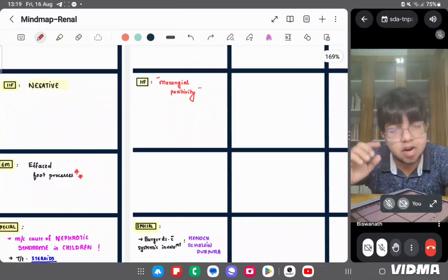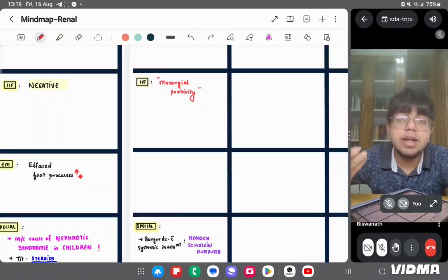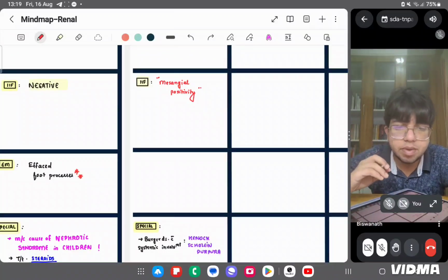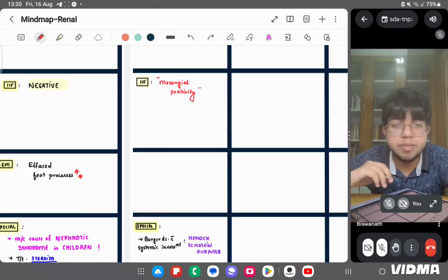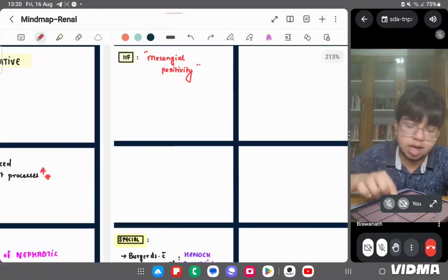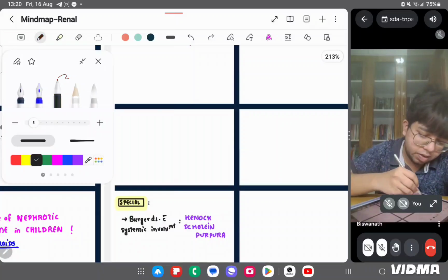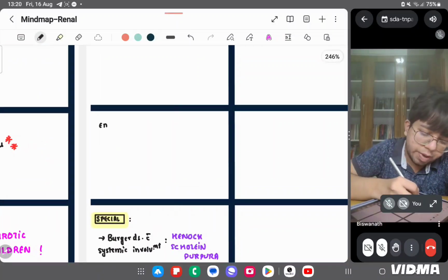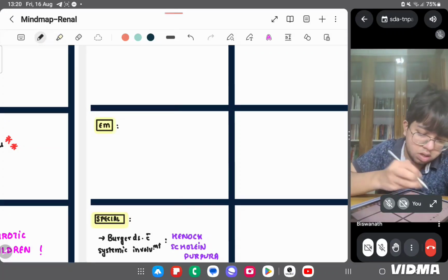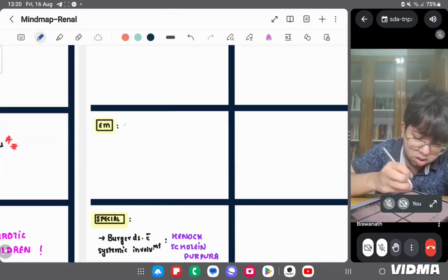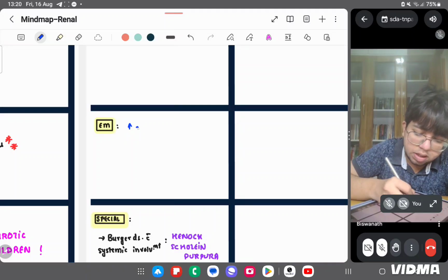Then comes electron microscopy. Electron microscopy again, there is increased density in mesangium. There are dark deposits present in the mesangium. Okay, so it's very easy. Electron microscopy, there is an increased density.